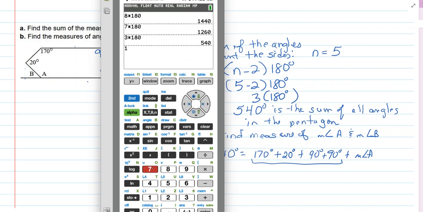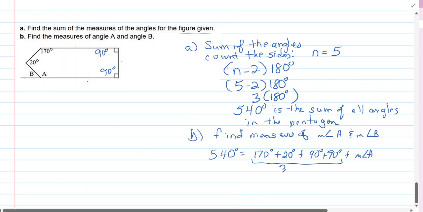So we're going to do the 170 plus the 20 plus 90 plus 90, and I get 370 plus the measure of angle A.